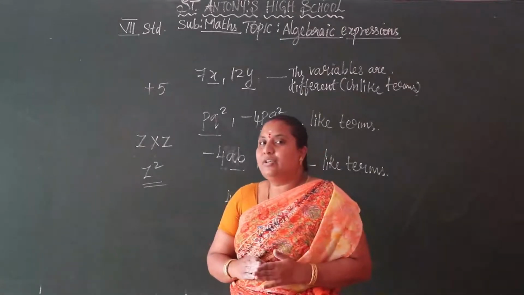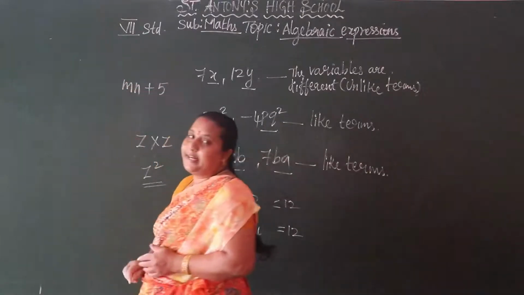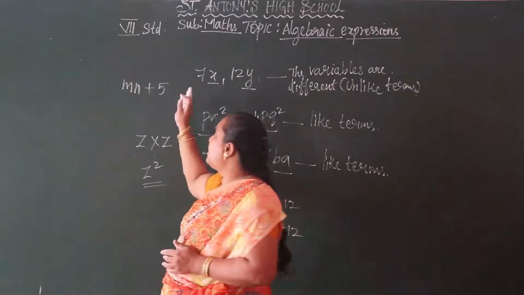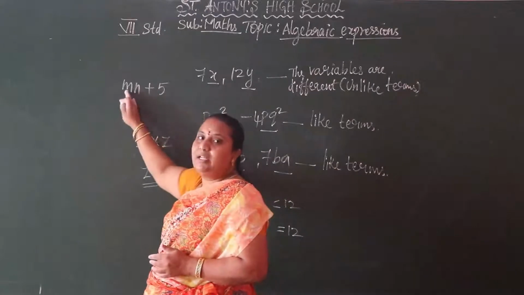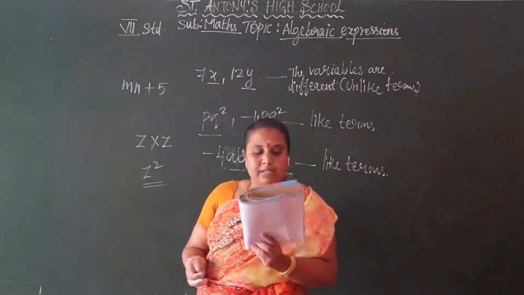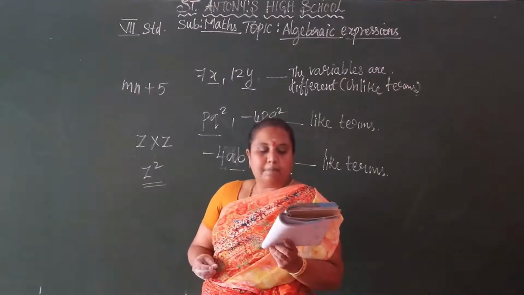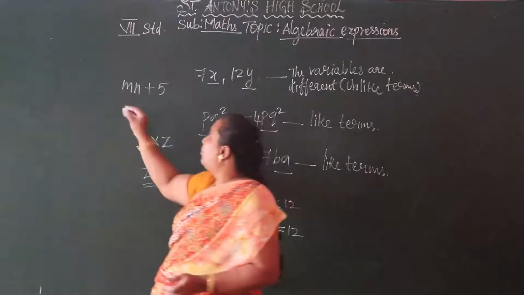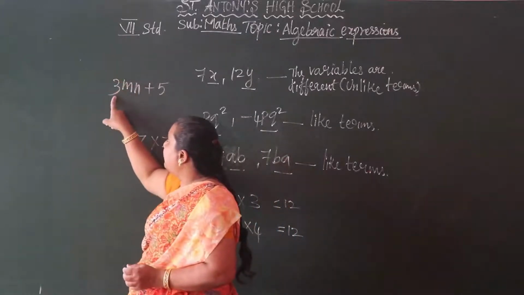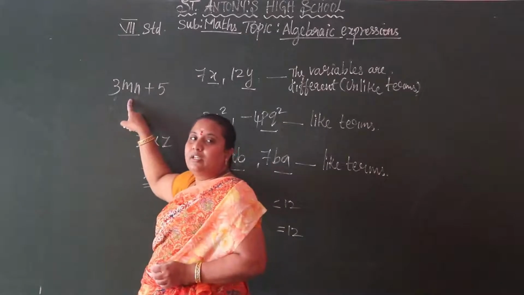Product means multiplication. So 5 is added to the product of mn, and this mn is multiplied by 3. It is given 3 times the product of numbers m and n.